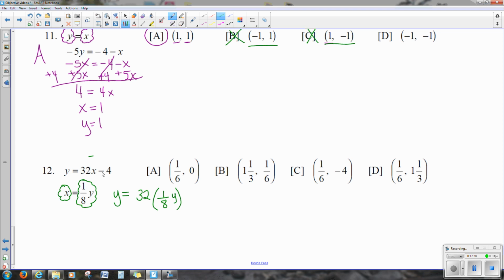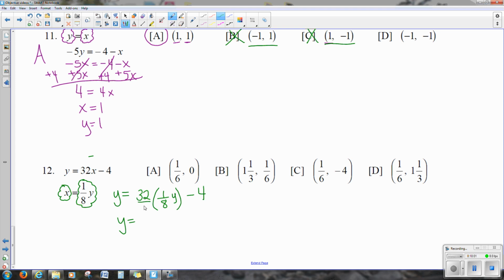And now I want to subtract 4. So 32x minus 4. Okay. No need to panic. 32 times 1/8 really means we want 1/8 of 32, which is 4.